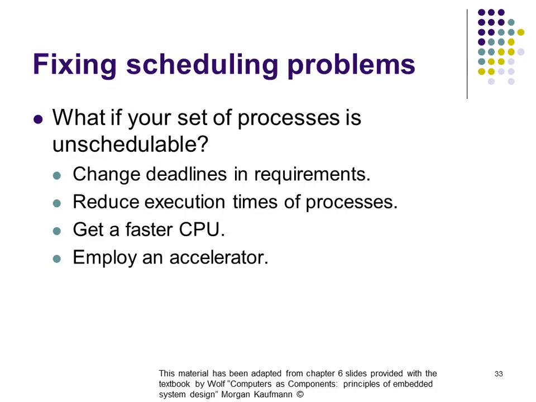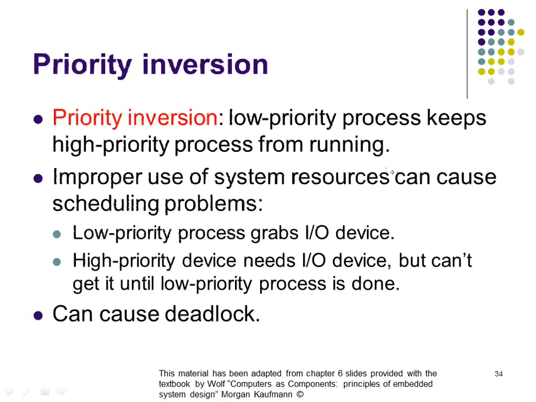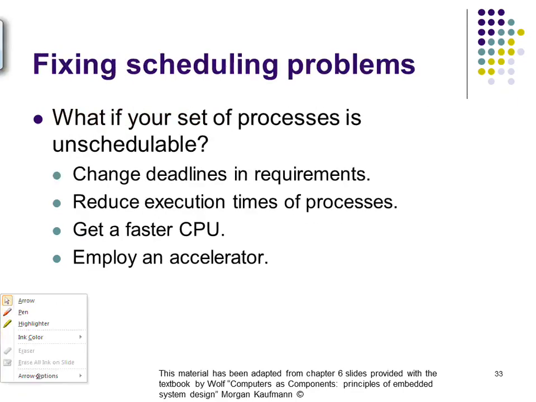Okay, assuming I have scheduling problems, just quickly, how can I solve the problem? Well, you can change your deadlines. So you simplify the problem, which is a simple solution, but quite often you can't change your deadlines.